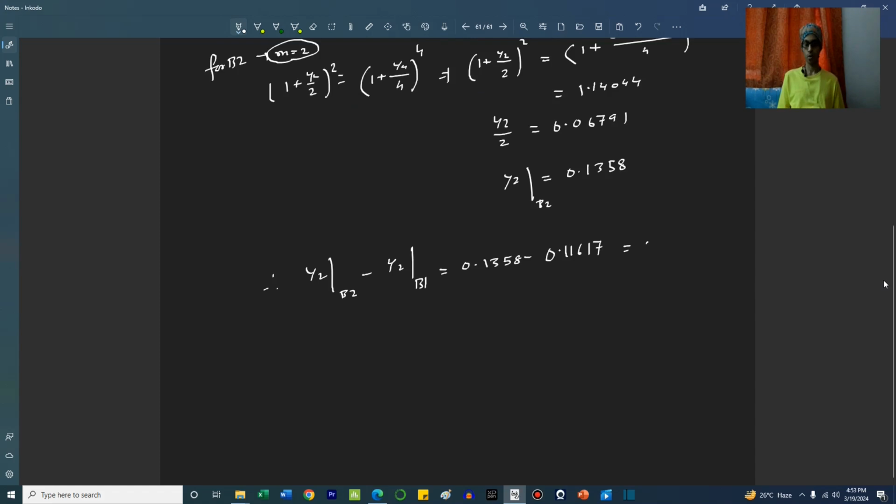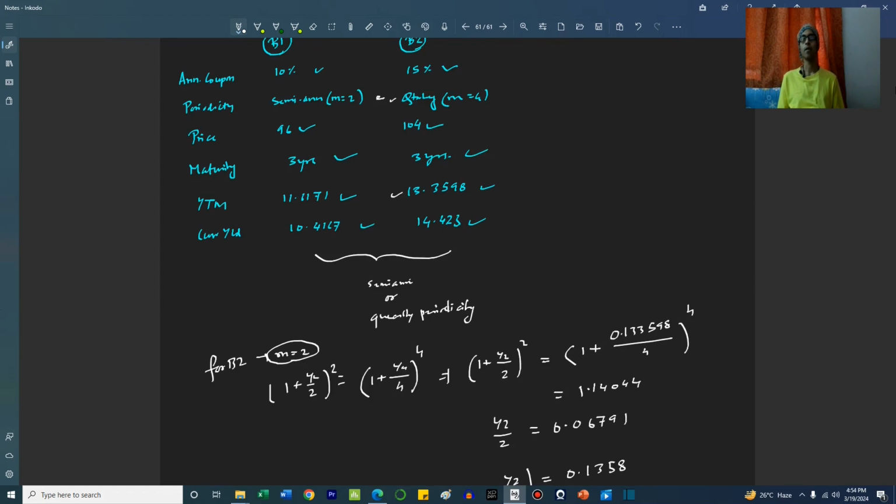This is equal to 0.01966 approximately, which means 1.966% or 197 BPS approximately, 197 basis points, right?